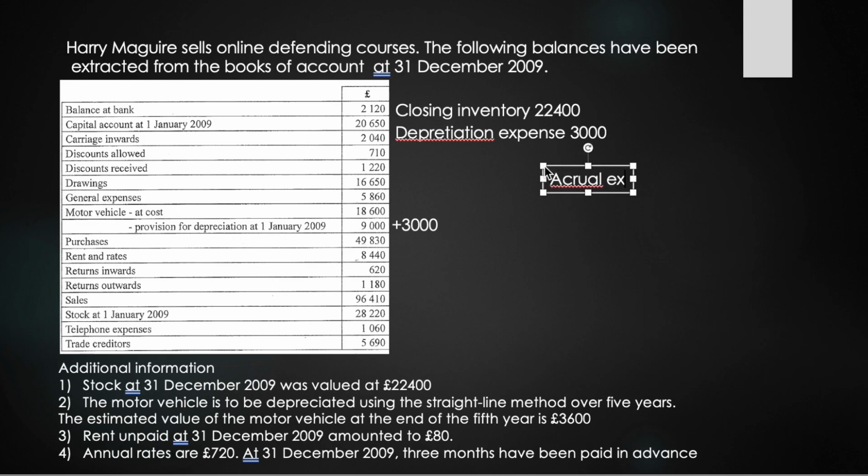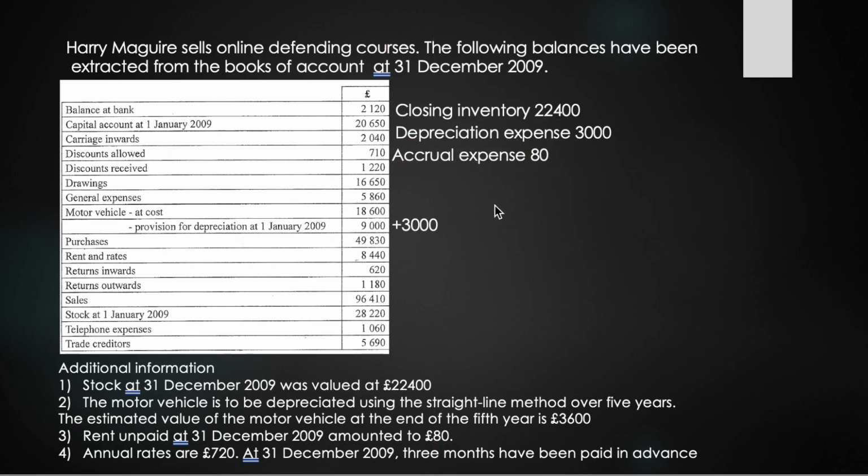And then what we also have to do is add the £80 into our rent balance. As we can see, rent and rates have been combined, so we just add £80 to rent and rates. This is because when it comes to making income statement and statement of financial positions, you should always put the amount that you should have paid, not what you have paid.